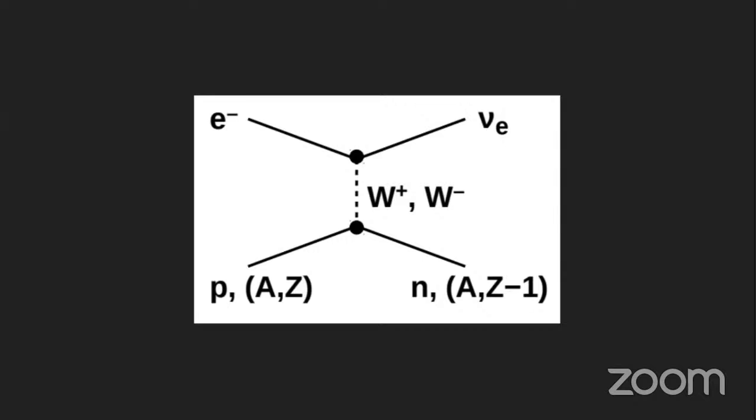And one of the means to get direct and immediate information about the inner workings of the supernova is from the observation of neutrinos emitted during the formation of neutron stars. This is one of the main processes that produce electron neutrinos in type 2 supernovas. In high density conditions, the electrons and protons interact through a W boson and form electron neutrinos and neutrons.